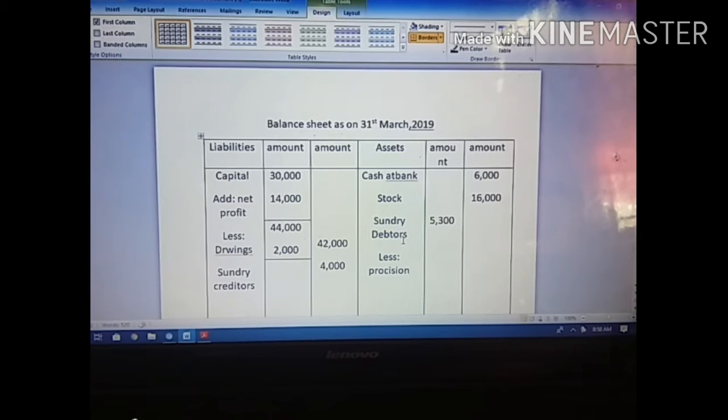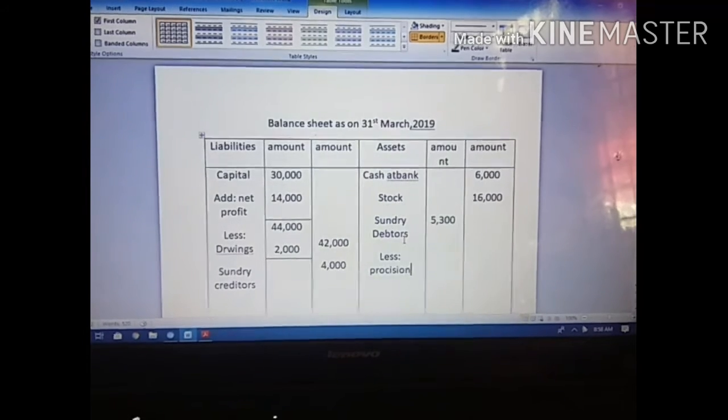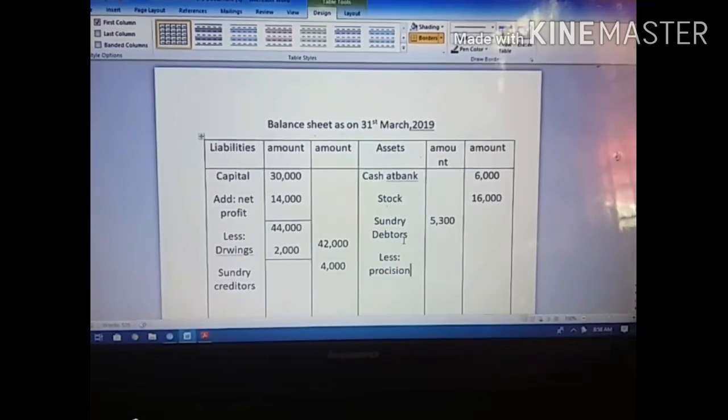So sundry debtor, provision is an expense, a loss. Provision for doubtful debts is a loss, so we have to show this provision for doubtful debts on the P&L account debit side. Then we have to minus this provision. Total debtor is 5,300. Provision for doubtful debts is 300, so these 300 we never get back, so we have to minus it from the debtor.